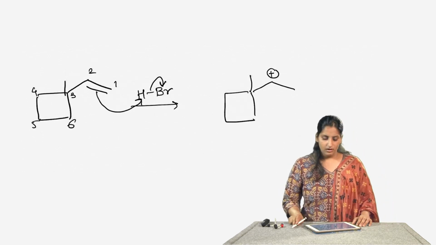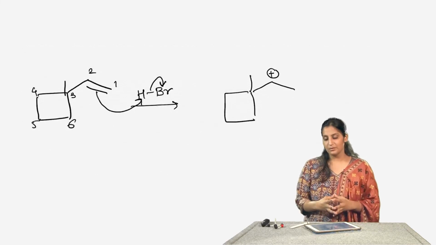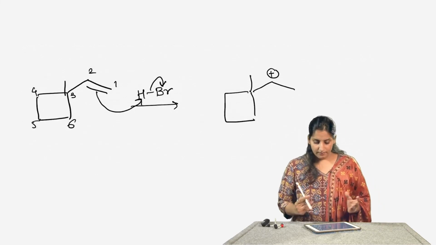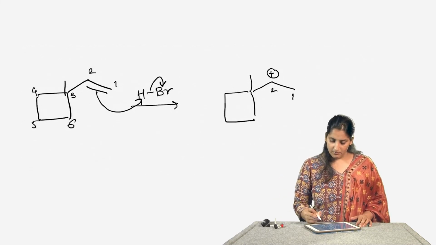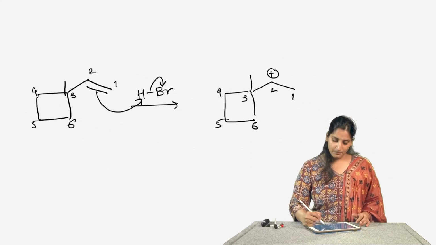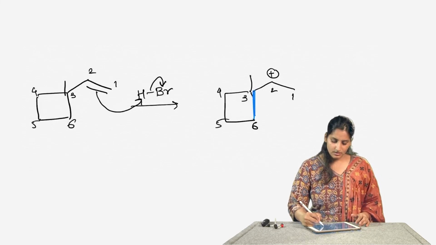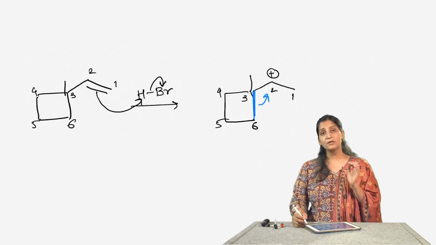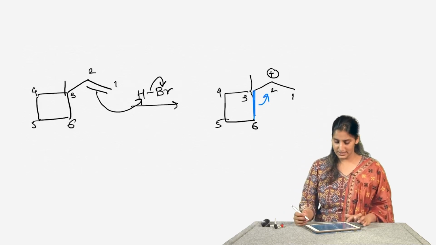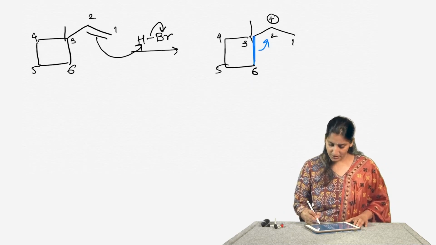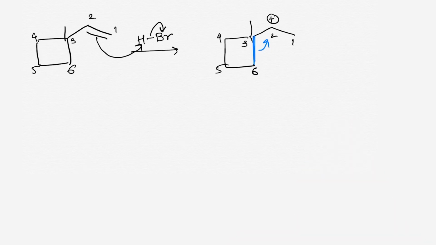Okay. Now, something very peculiar happens. As you can see, the bond between 3 and 6 moves such that you form a new bond between 2 and 6. So, what is this formation? Let us draw it.